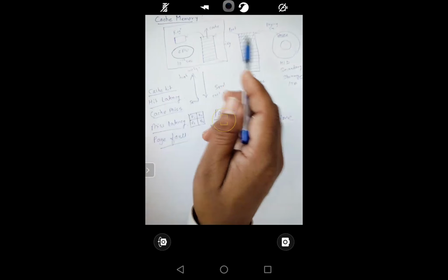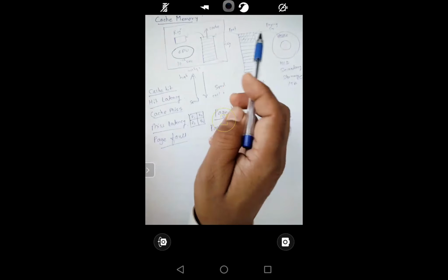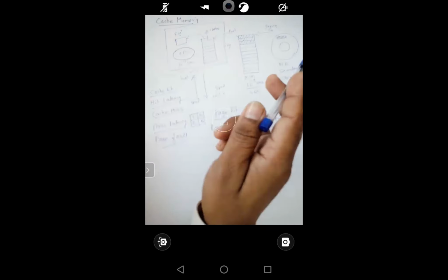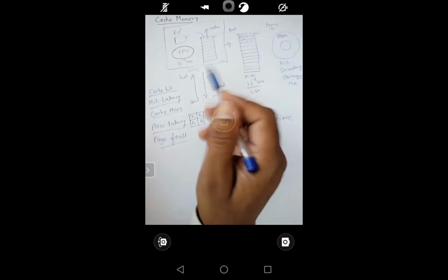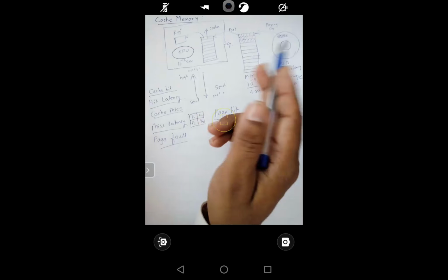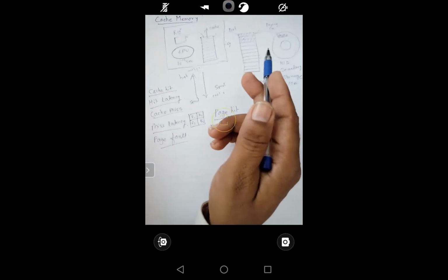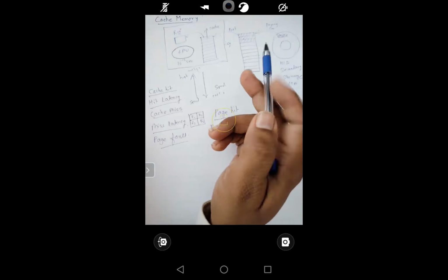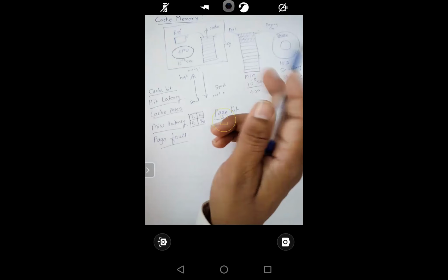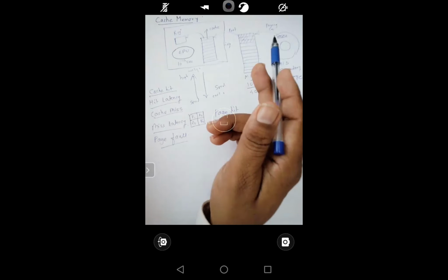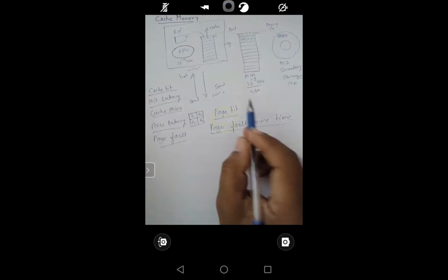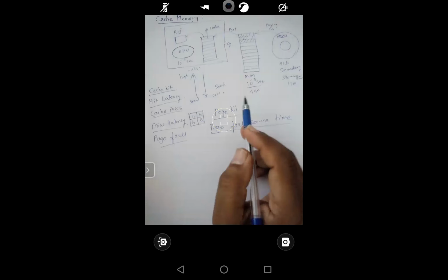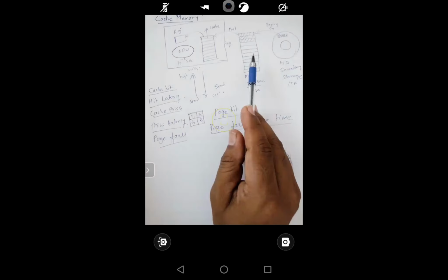If it is not available in the main memory, then you look into the secondary storage and get the data from the hard disk to main memory. So it will take time. That time is the page fault service time, because you want a particular element of data but it is not there in the cache. So you access the main memory and then the secondary storage.